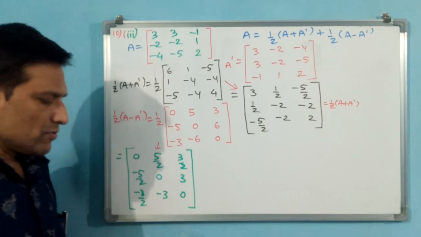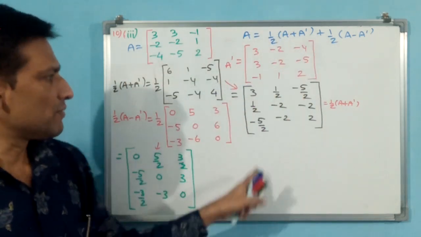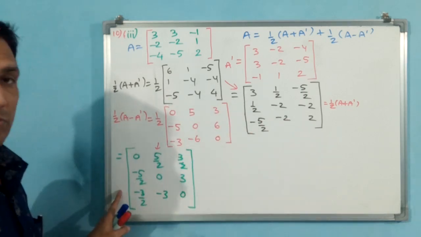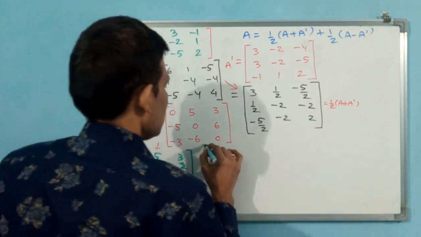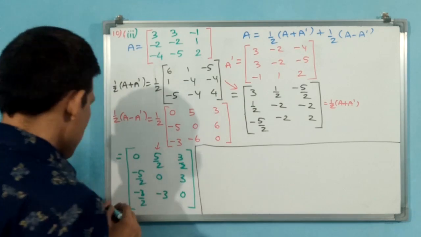Now what you have to do? You have to write in this form. A is equal to, in this form, both. Why? Because you are having 1 by 2 A plus A transpose, and 1 by 2 A minus A transpose also. Both you have to write. Let us write the final. How I am writing, you see.